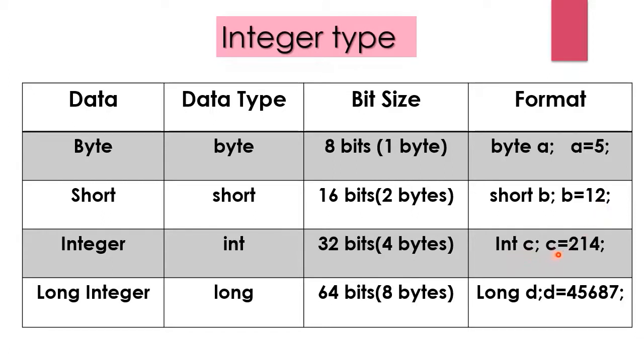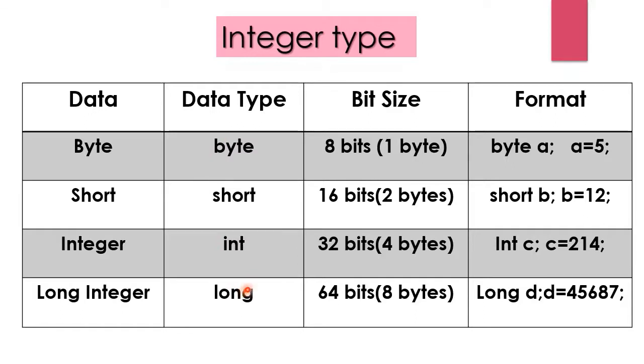Int c is equal to 214, so 214 is assigned to the c variable. Long d is a variable of long type, and d is assigned the value 45687. So these are all integer types. Under integer type we have all these data types.